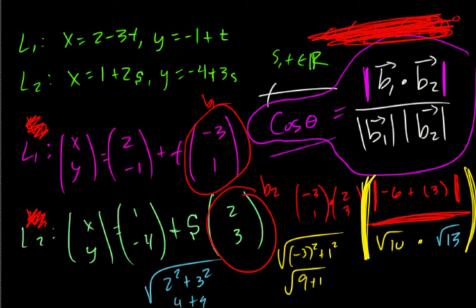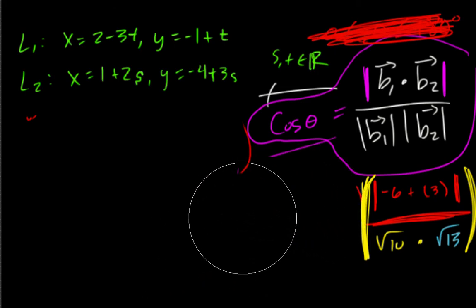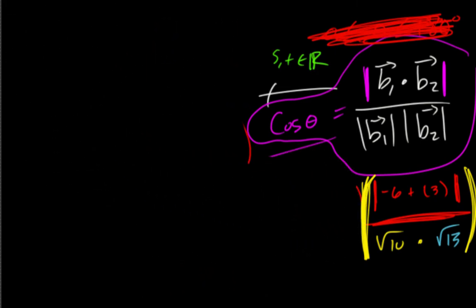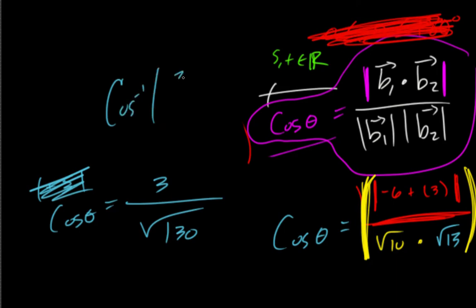Now let me get rid of some of this. Remember, this is equal to cosine theta. So if I simplify this, I get negative 3 in an absolute value on top, but that's really just a positive 3. So we get 3 on top, and then the square root of 130 is equal to cosine theta. And so we get the inverse cosine of 3 over the square root of 130.